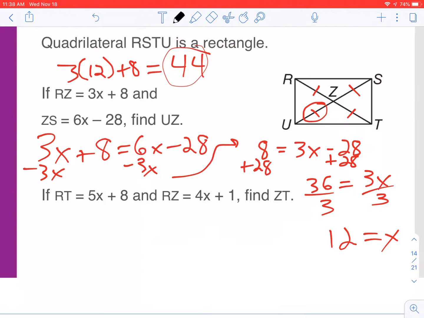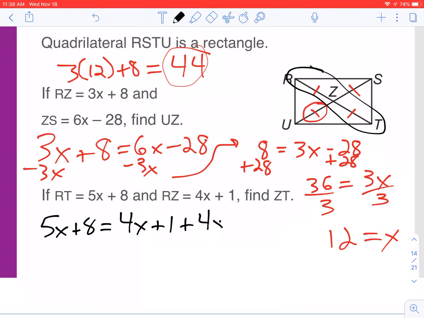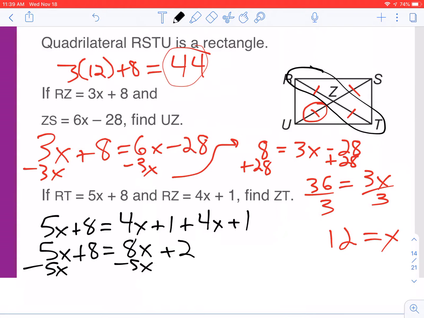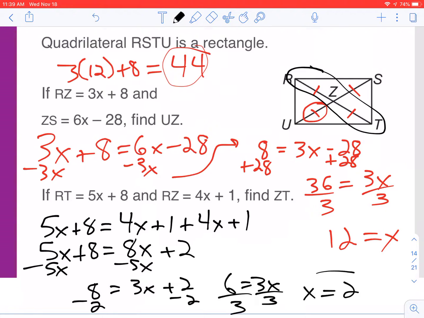RT, which is this whole thing here, is 5x plus 8. But guess what? RZ is 4x plus 1, and I know that 2 of those will add up to 5x plus 8. 2 of those, they're congruent, they're the same thing, will add up to that. 8x plus 2, and now I subtract 5x, 8 equals 3x plus 2, subtract 2, 6 equals 3x, divide by 3, x equals 2.